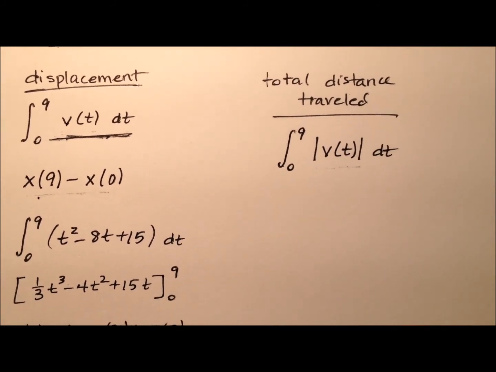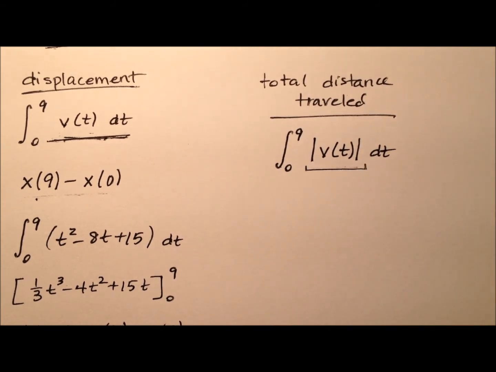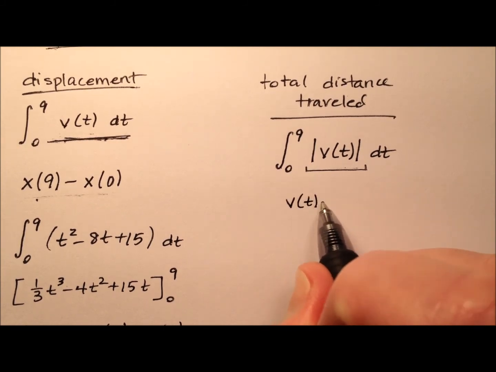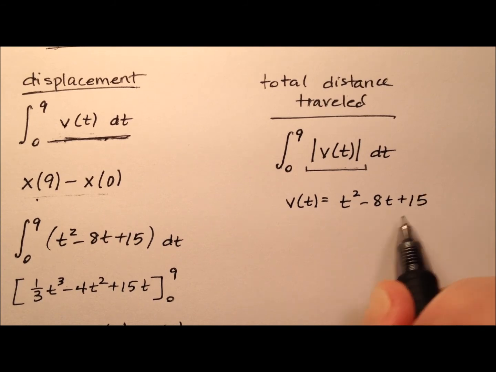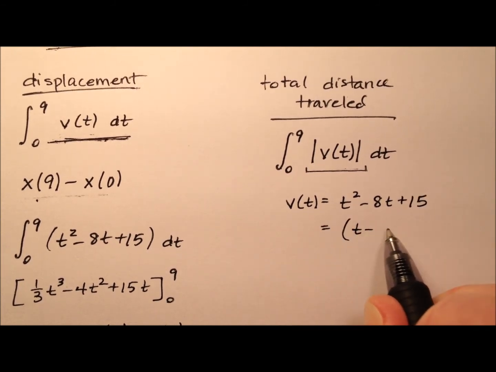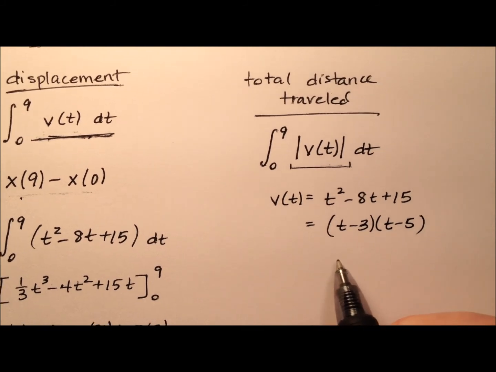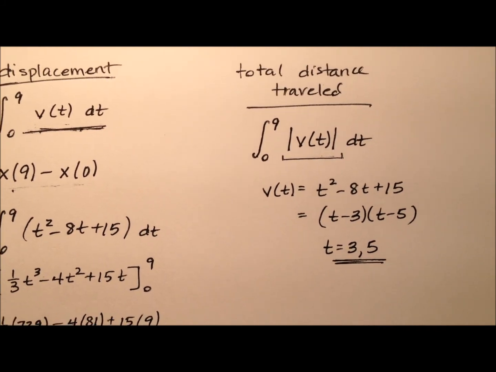Okay? So what we need to do is figure out where this velocity function changes sign. And we kind of know that already, because v of t, which equaled t squared minus 8t plus 15, we factored earlier down to t minus 3 and t minus 5. And so we knew that time t equals 3 and 5 were some major values.